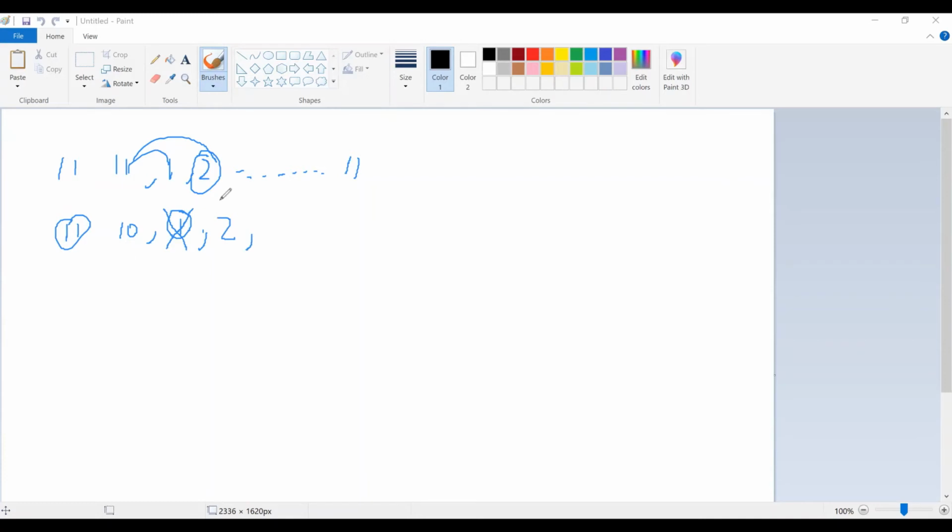Another one that will work is 3, and you can just follow the pattern, and the 11s also work. Although we count the last one twice here, because 11, 10, 11 is just 11, 11, 10. But let's just ignore that for now.